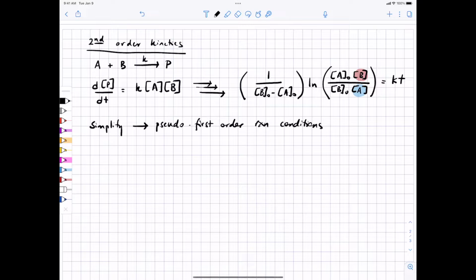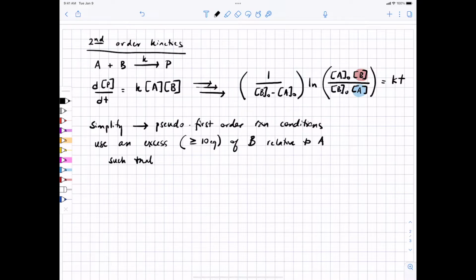And what we mean by this is that we are going to use an excess, by which we mean greater than 10 equivalents of B relative to A, such that the concentration of B remains constant. And we'll run these reactions not to completion, but just long enough to be able to measure a rate and a rate constant.